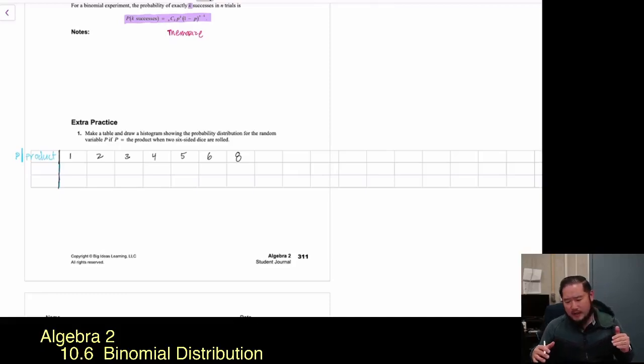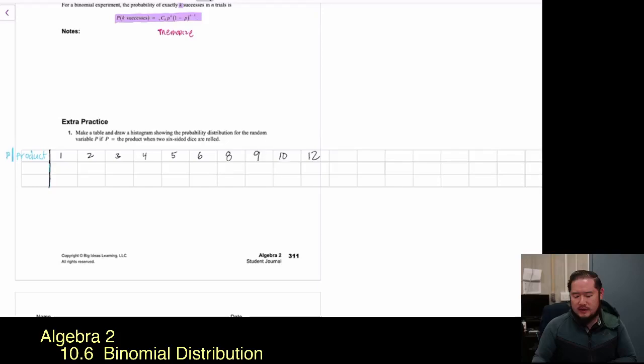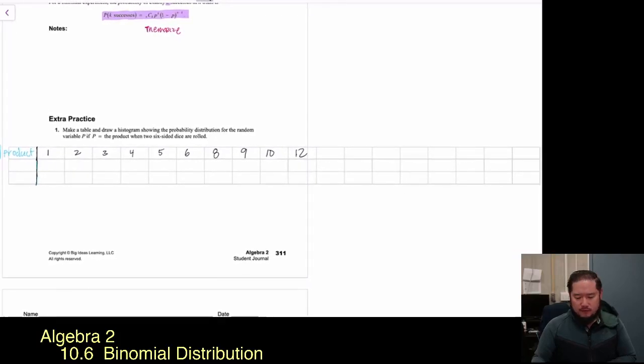But before we skip around with numbers, let's try to figure out what are all the different numbers that we can have that we haven't already chosen? All right, I can roll a 3 and a 3. That'll get me 9, right? 3 times 3 is 9. And then we've got 2 times 5, that'll get us a 10. We have 2 times 6, that's 12. Okay, so what you see now are all of the different factor possibilities.